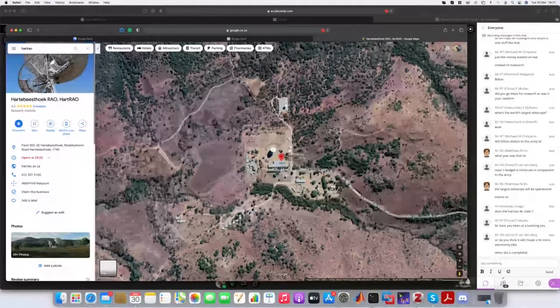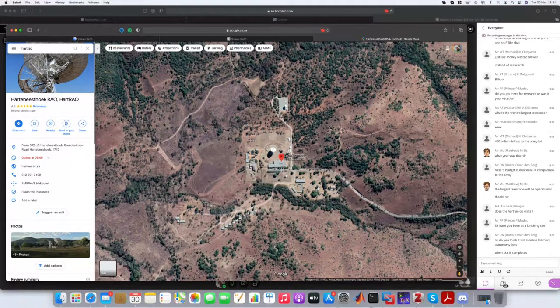There's also public visits at MeerKAT. Unfortunately, there's no public visits there due to COVID. So I planned a field trip for the class to go to HartRAO, but unfortunately, with the current COVID regulations, we are not allowed to go. But I will see if there's a chance the university and HartRAO will agree to a visit, and I will let you guys know.